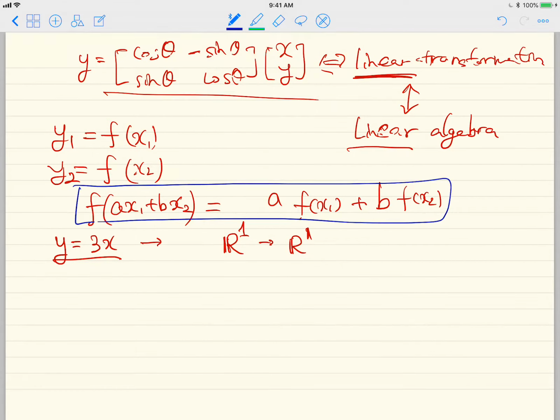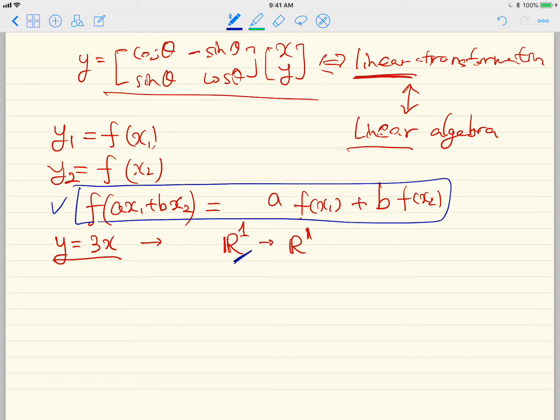In order for the function to be a linear function, this requirement should be satisfied for any given values of a and b and x1 and x2, as long as x1 and x2 belong to our domain. So if our domain is the entire real numbers as a one-dimensional number, this should be satisfied all the time.